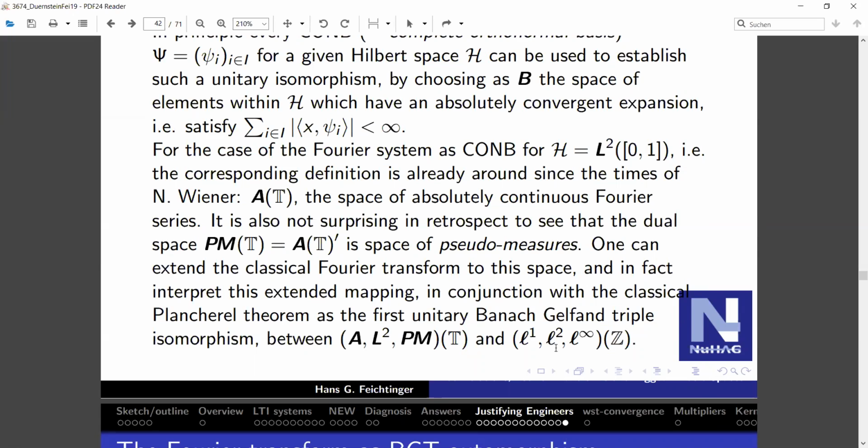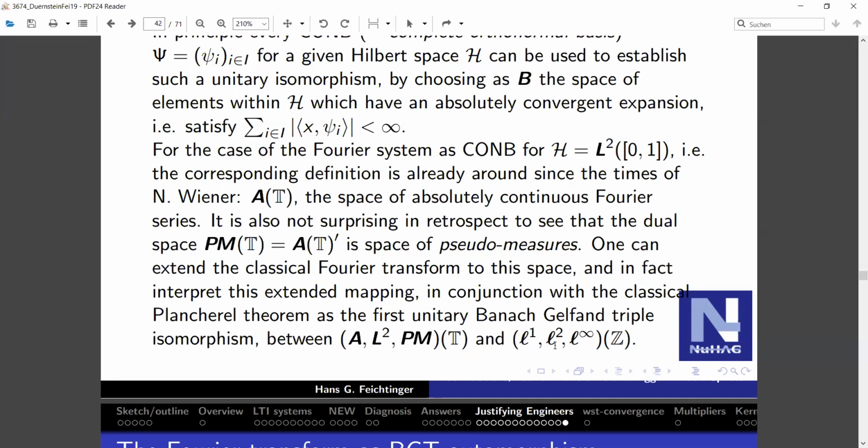And Fourier series expansions, so we are here on the torus, say that we can expand every L2 function on the unit interval or on the torus into a sequence, and it's the Plancherel theorem appearing here as Parseval equality, which appears in the classical setting, say, well, the L2 norm in the Hilbert space of a function here is exactly the coefficient norm here, also in the Euclidean sense.